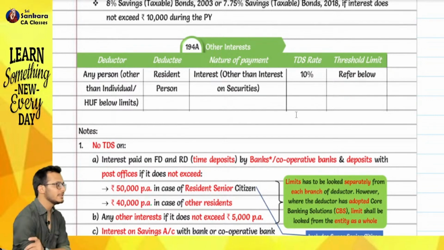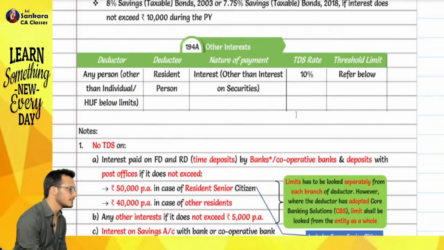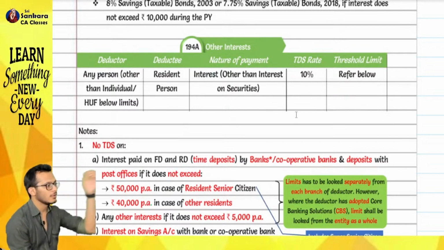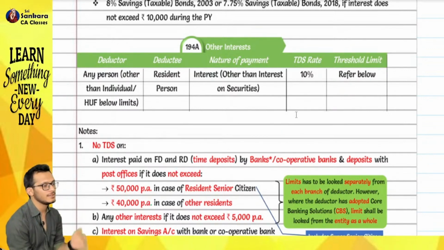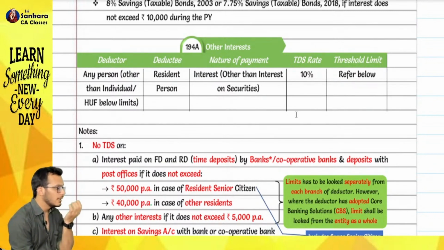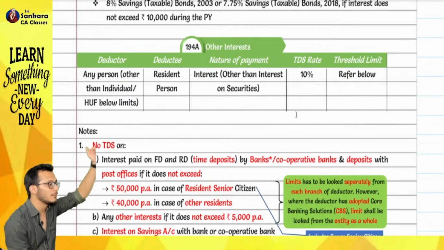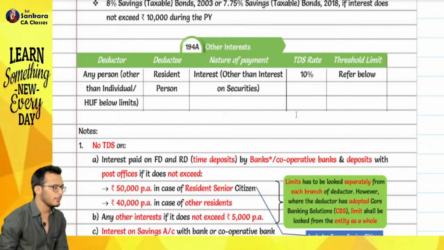If you are a resident senior citizen and the interest is more than 50,000, TDS at the rate of 10% will apply. If you are a non-resident senior citizen, you will check only for a limit of 10,000 rupees. Limits are that much. If you don't satisfy the conditions, TDS at the rate of 10% applies from rupee 1.